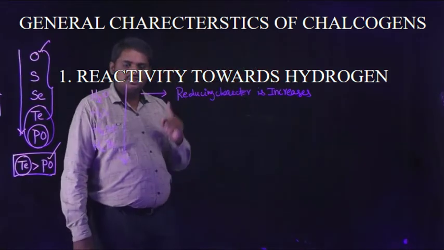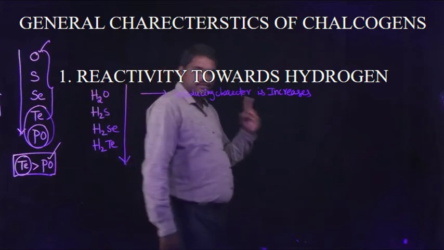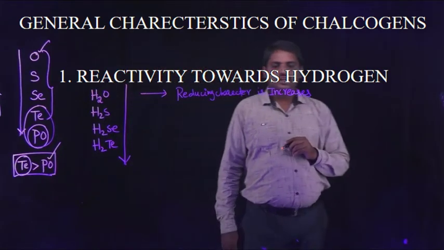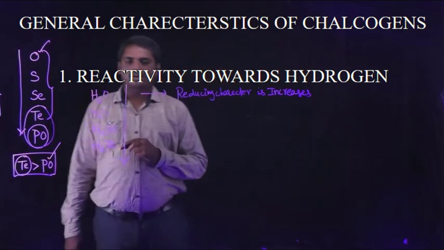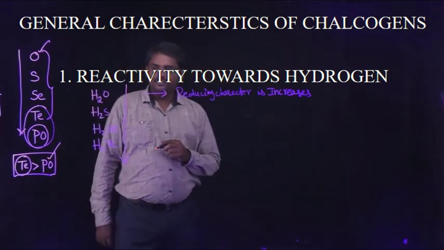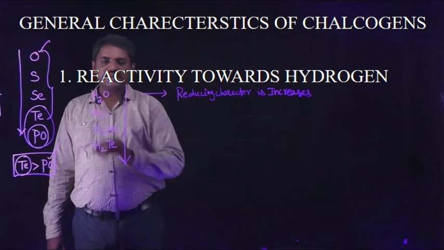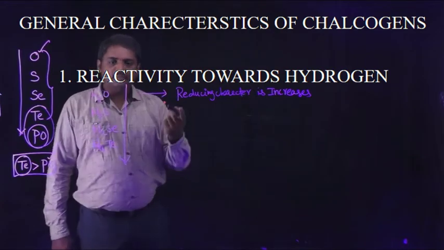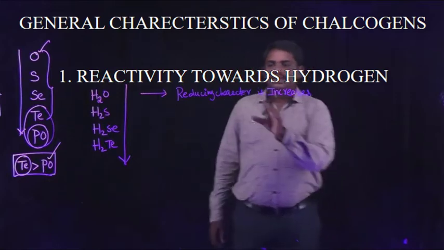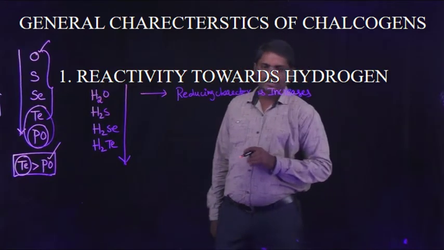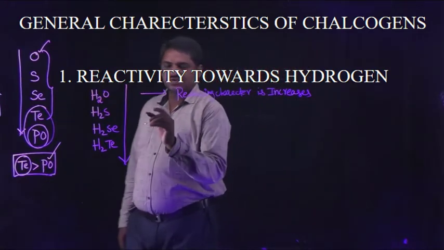That is the general trend of group elements in the modern periodic table. But for these hydrides, the nearest atom is hydrogen, so on moving down the group, reducing character increases.